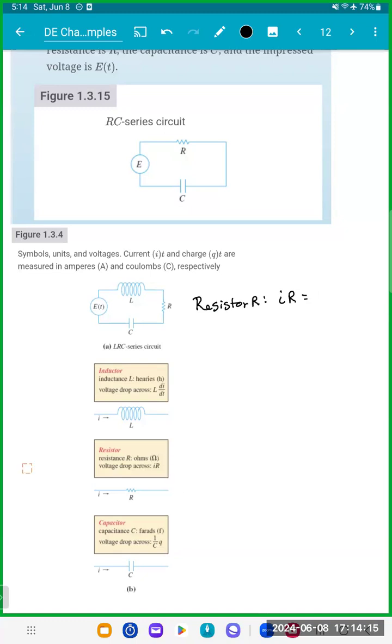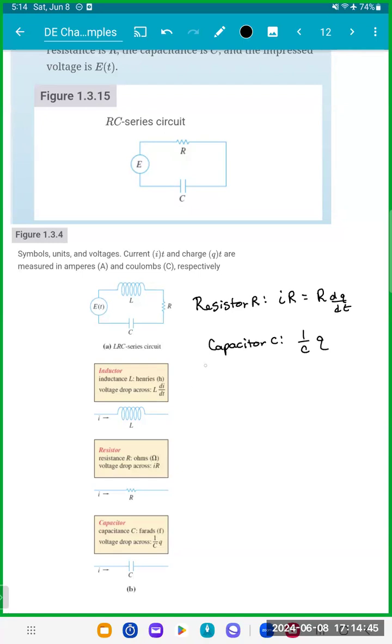But if you go back in the text and such, it's also the same as saying R dq/dt. Okay. Also, our capacitor, right? The capacitor C is 1 over C times q.